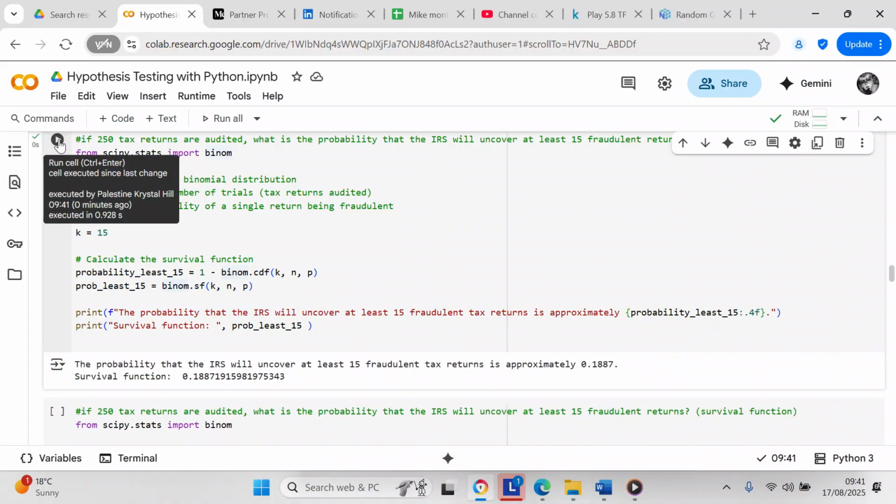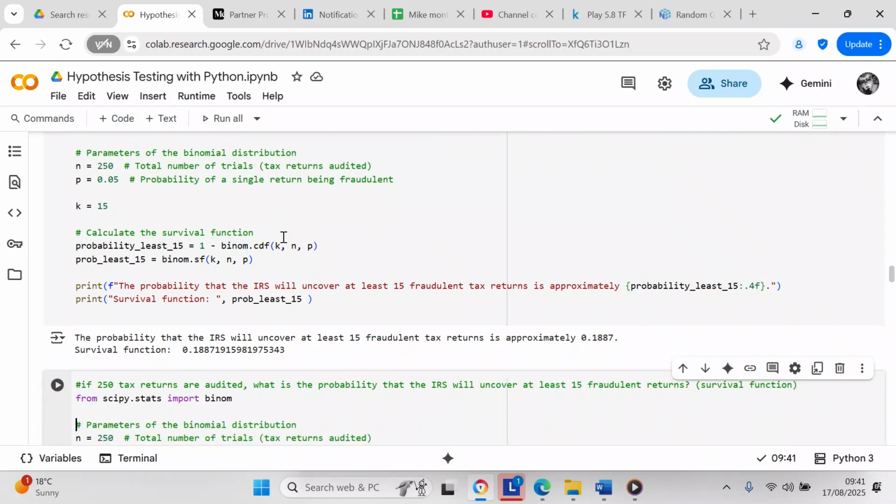So again, you got 18.87. So basically, you can either use 1 minus binom.cdf or binom.sf, and that will give you the same value. And it's just two ways that you can do it.